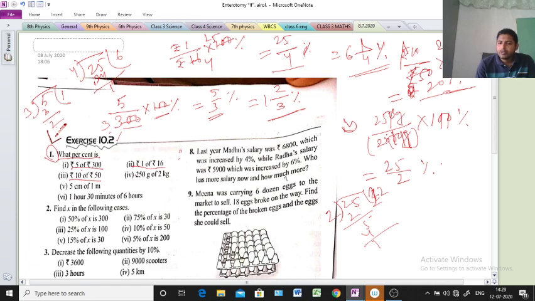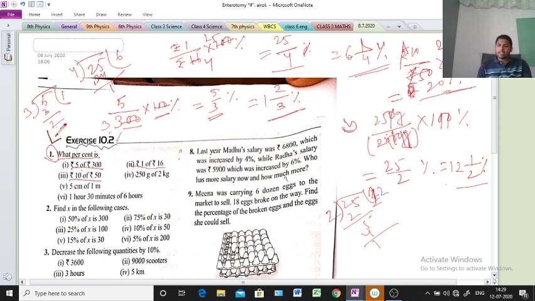That means we are getting 12 1 by 2%. Clear? Here the two units are not the same, but in the first, second and third questions the units were the same. Here the units are not the same, so that's why you should convert into the same unit.